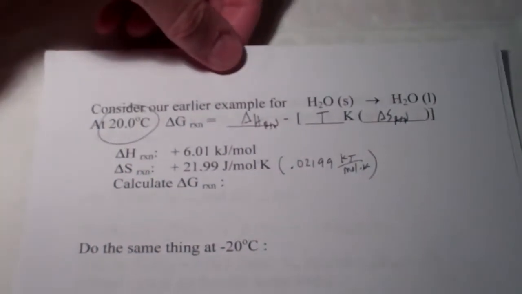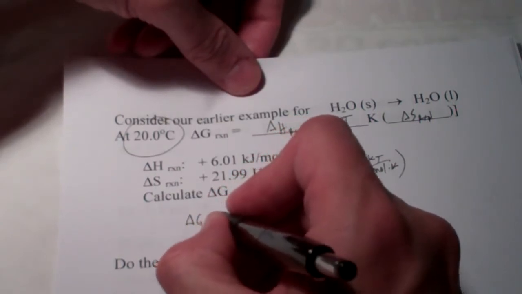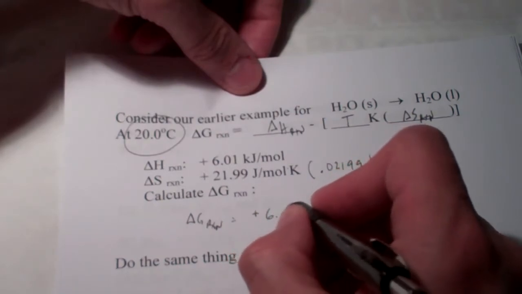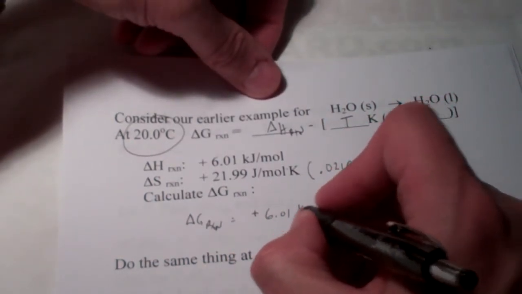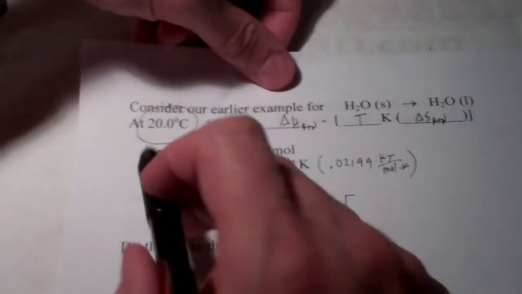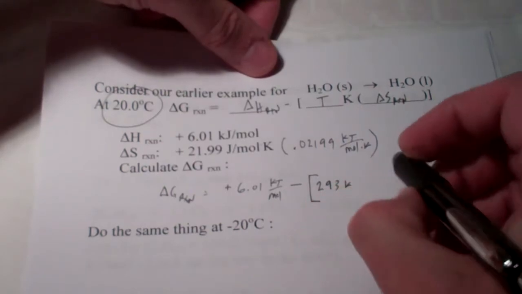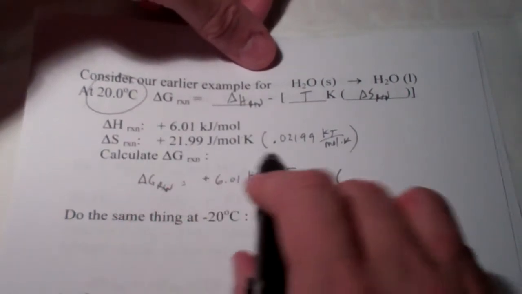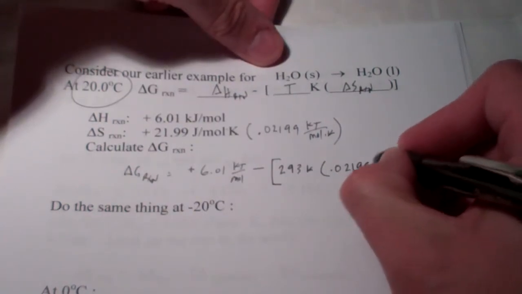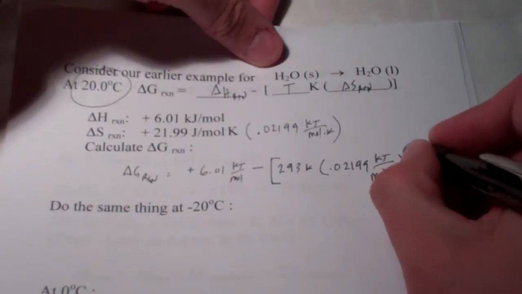So let's plug and chug. The delta H of my reaction to find delta G of the reaction is positive 6.01 kilojoules per mole minus T. Now my temperature is 20 Celsius. That's 293 Kelvin times delta S of the reaction, and we're going to use 0.02199, so I have kilojoules per mole Kelvin over here.